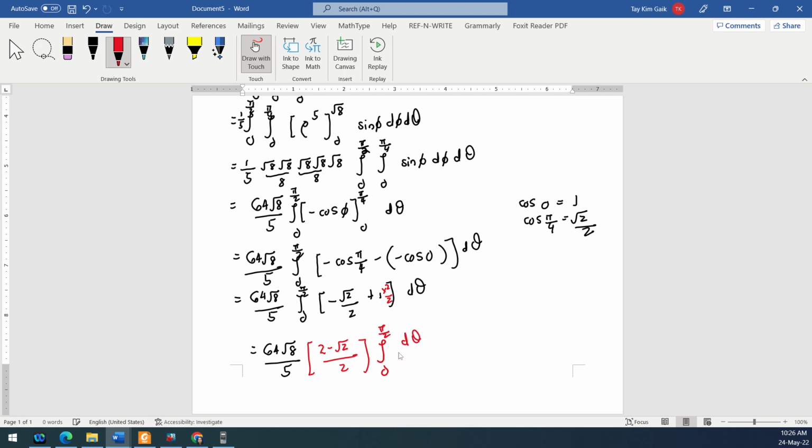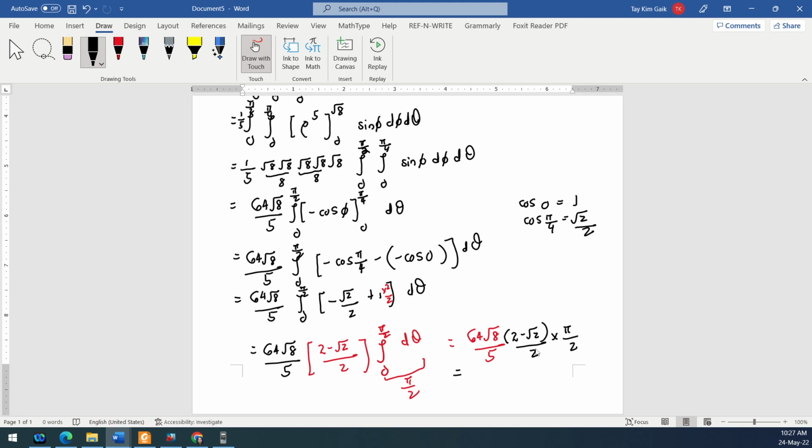This one you get theta, substitute pi over 2 and 0, you get pi over 2. So your answer is 64 root 8 divided by 5 multiplied by 2 minus root 2 divided by 2 times pi over 2.